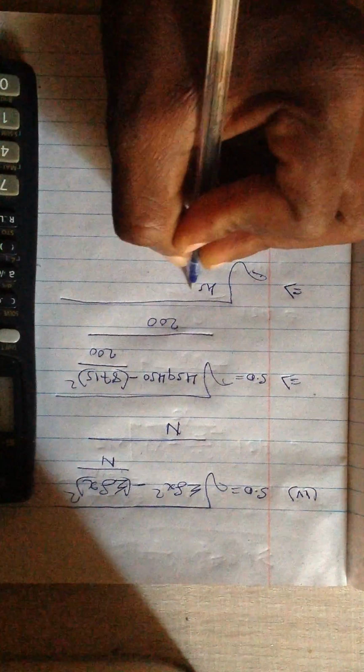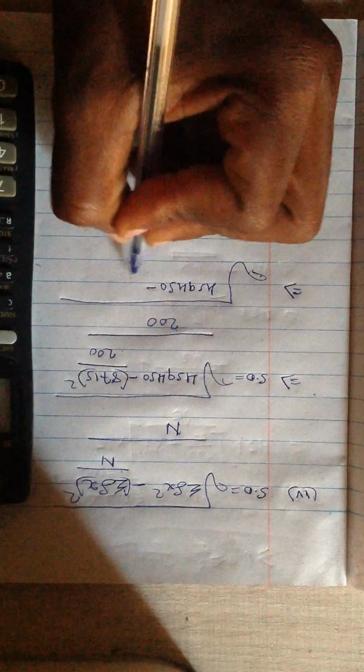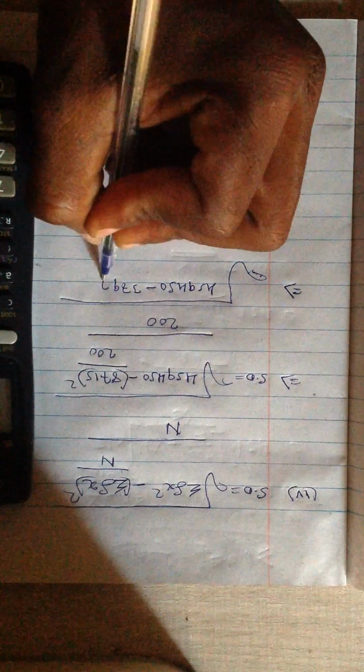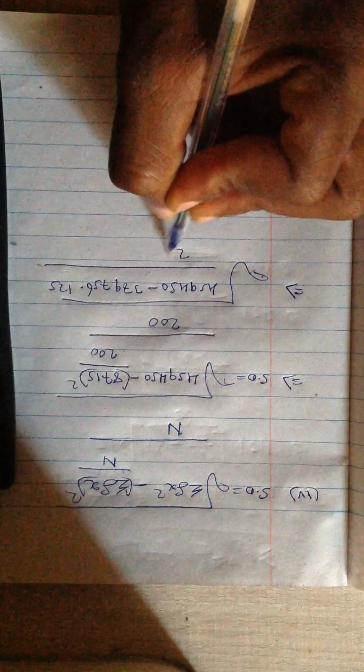So we have 4594.50 here minus 379,756.125 over 200.